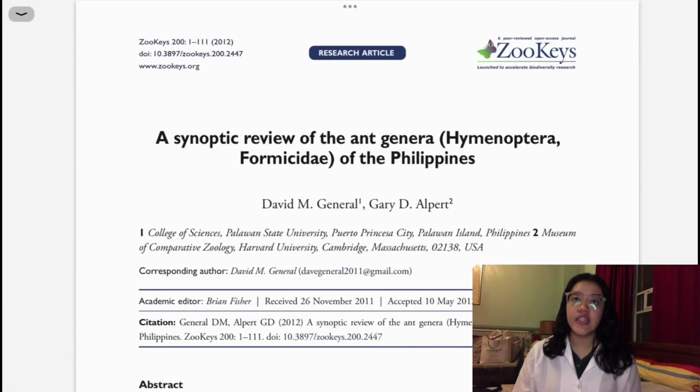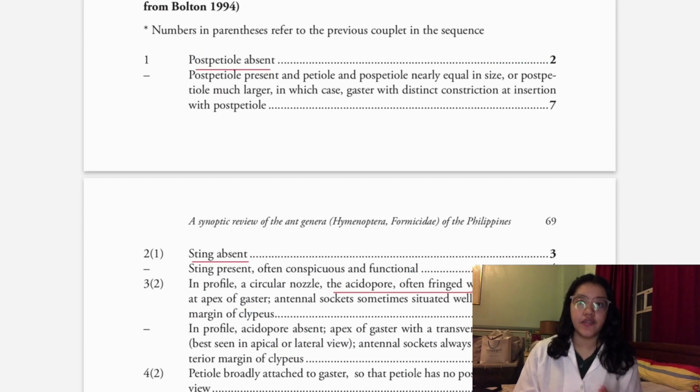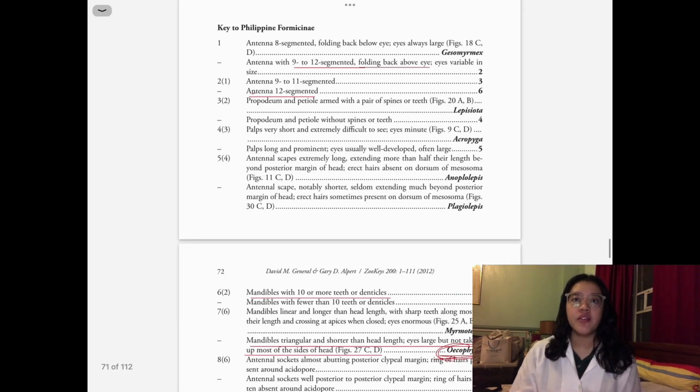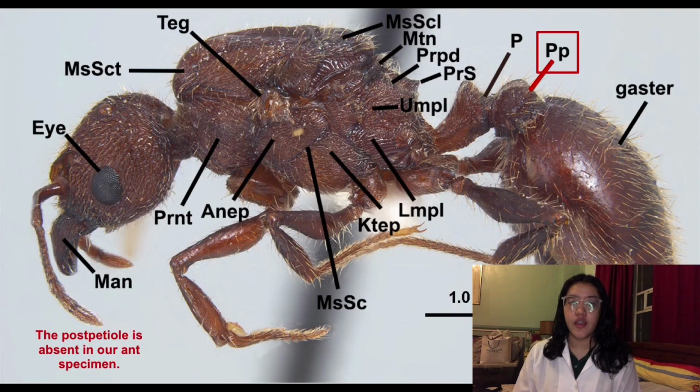The collected ant specimen was identified and classified according to the dichotomous key of General and Alpert 2012 based on its distinguishing characters. First is the postpetiole, which is a convenience term for what is morphologically the third abdominal segment when it is reduced in size and markedly separated from the petiole. This character is absent in our specimen.